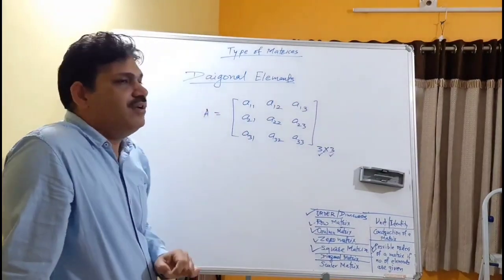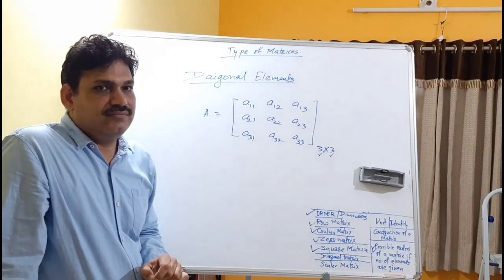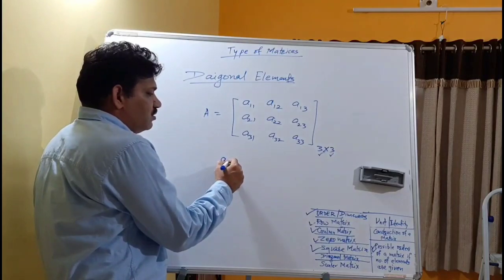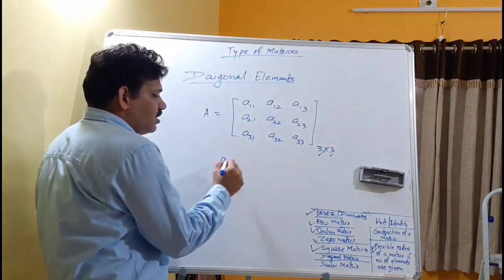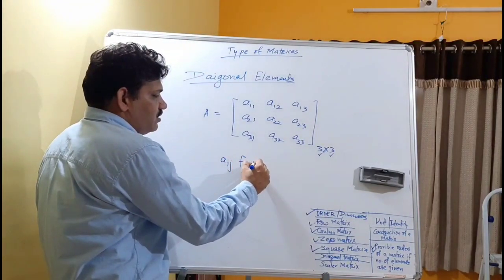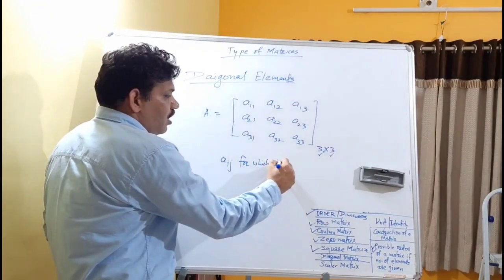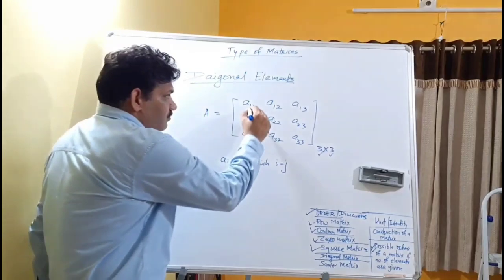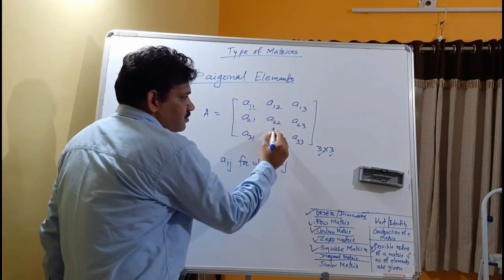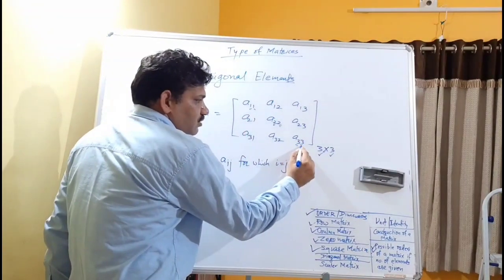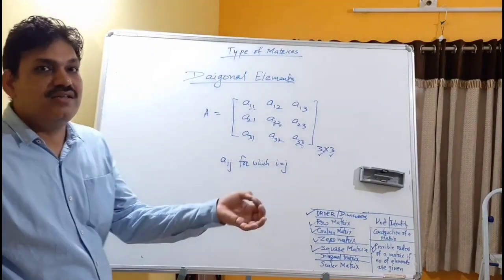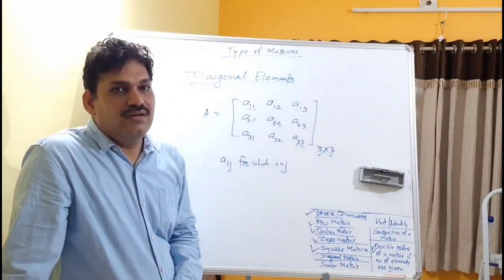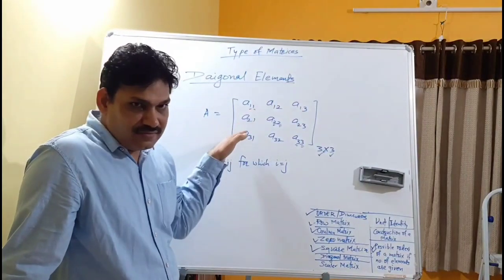Now, what are the diagonal elements? The diagonal elements are those for which i is equal to j. The row index and column index are same. Those are the diagonal elements. See, in geometry we have two diagonals.